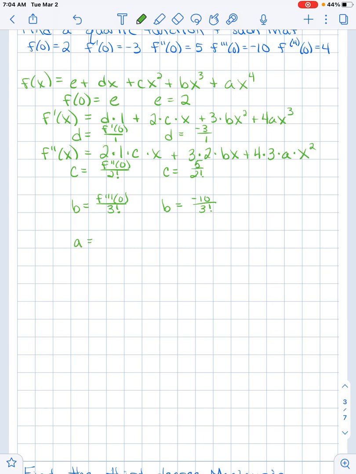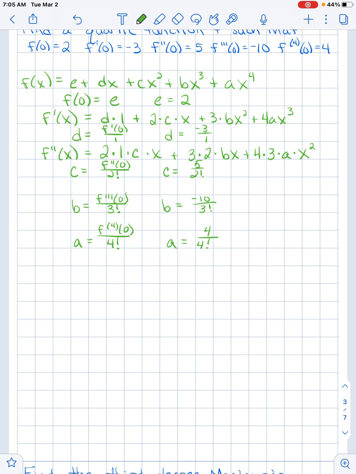And finally, a is the fourth derivative at 0 divided by 4 factorial. So we know in this case, a is 4 divided by 4 factorial. That's a much faster way, and that's the systematic way of writing a Maclaurin polynomial.